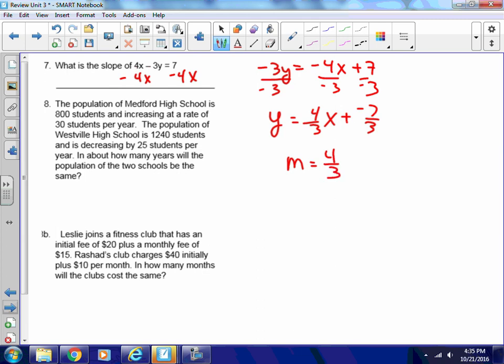Number 8, the population of Medford High School is 800 students and increasing at a rate of 30 students per year. The population of Westville High School is 1,240 students and decreasing by 25 students per year. In about how many years will the populations be the same?